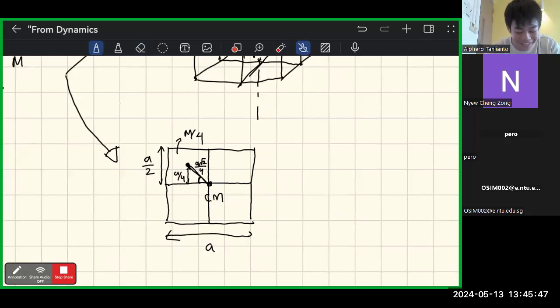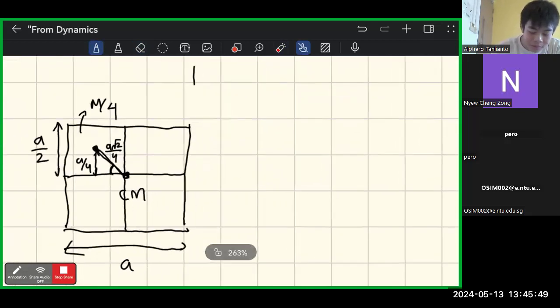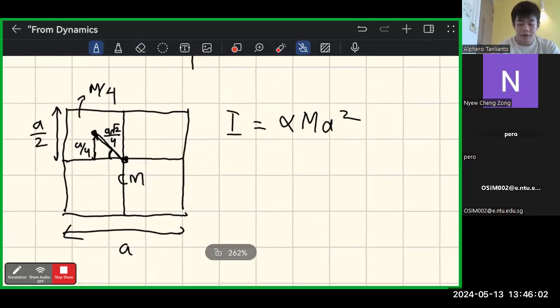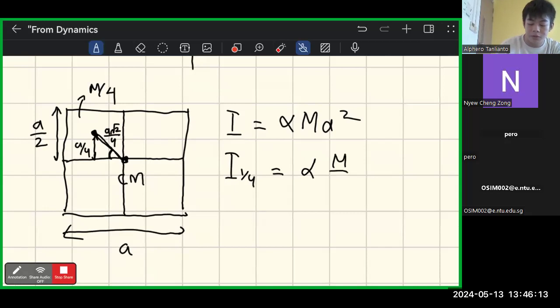Whatever. Sorry, guys. Now, we just assume that one rectangle has the moment of inertia of alpha m a squared, right? And each 1/4 of the rectangle is another rectangle with the moment of inertia of alpha m over 4, with the side a over 2 squared.